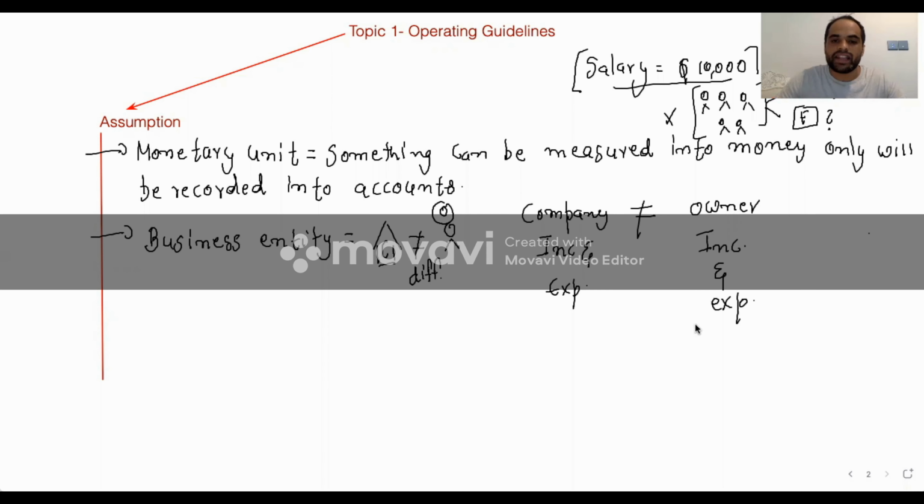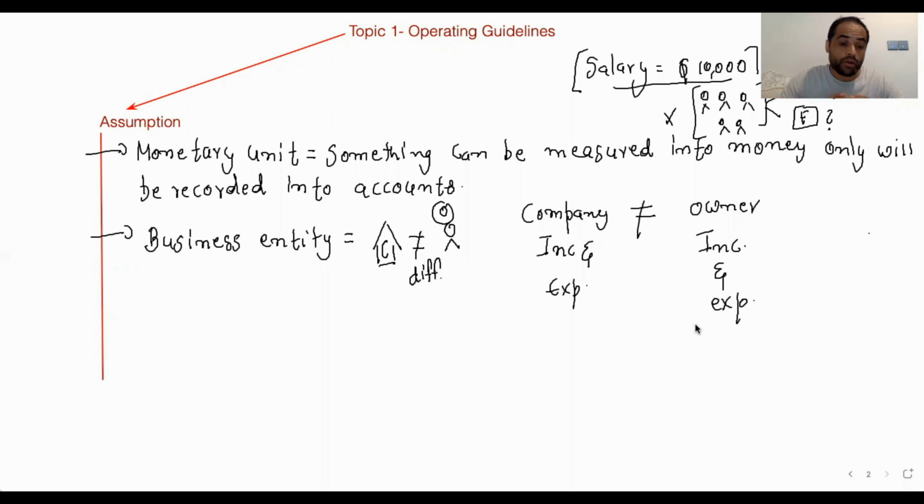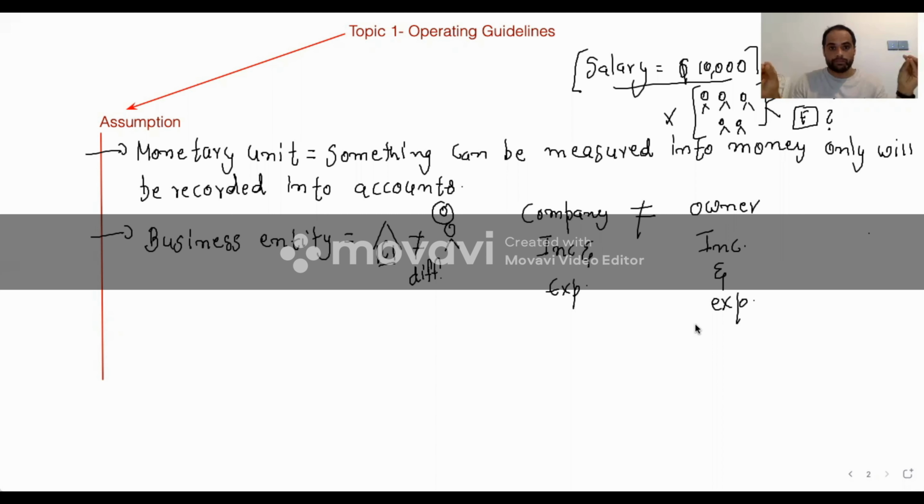So the owner of a company cannot use company assets for personal purposes, because the purpose of purchasing a company asset is a business purpose, not a personal purpose. Did you understand that? Is that okay?